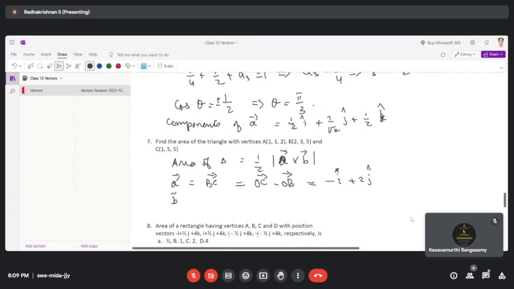And B, let's draw the triangle to be clear. So B is therefore CA.